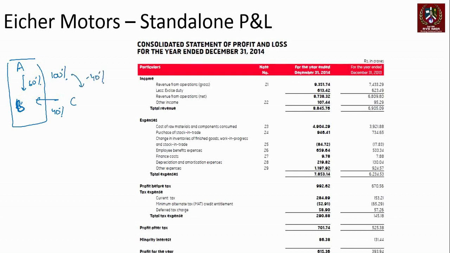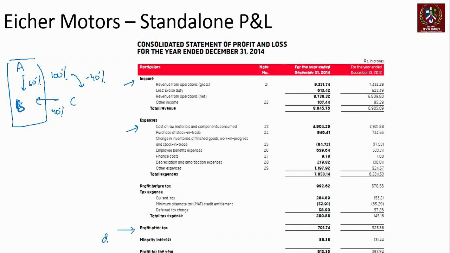From this, let's say B made a profit of 100 rupees. 40 rupees is not entitlement to A, but when you added the income, you just added line by line. When you added the expenses, you just added line by line. So you've essentially added 100 and you will end up getting to 100 when you reach profit after tax.